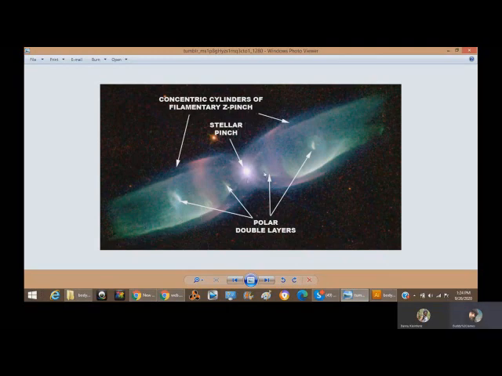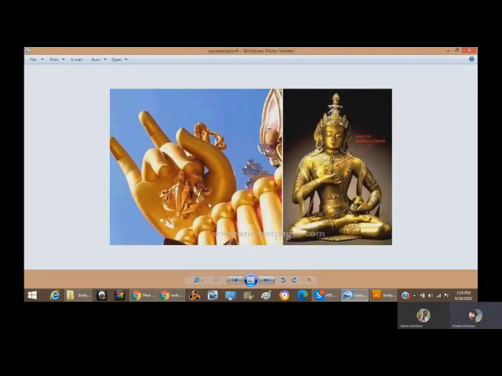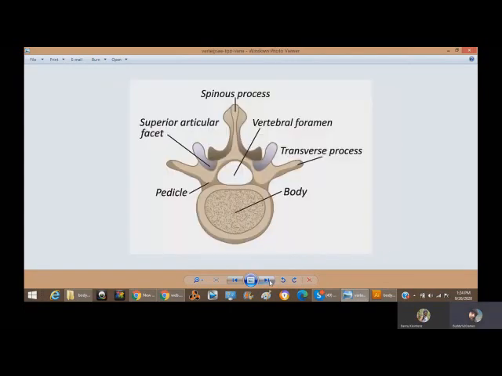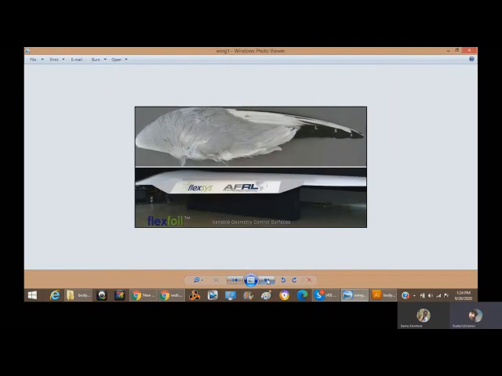These are really, really interesting to see exactly the dynamics of where this lines up, especially when you take this image and drop it into the Dougherty set. The Vajra, we'll go through the Vajra more about the bone structure. Also wings.